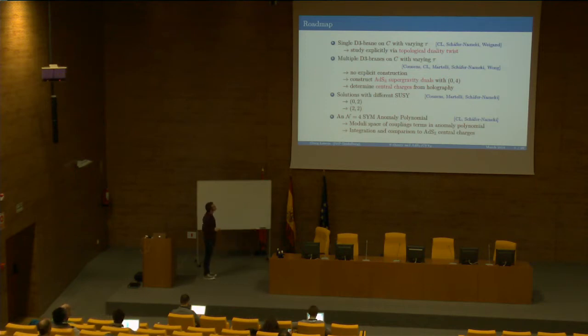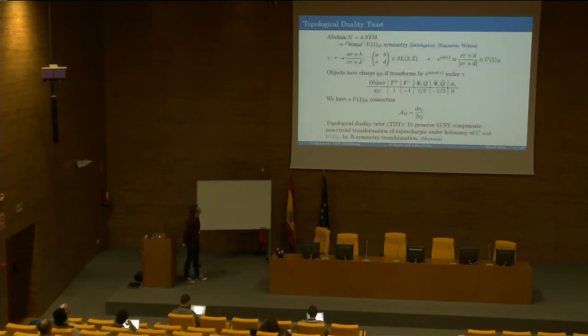But in this paper, my graders pointed out some special solutions with (0,2), and some interesting observations about (2,2) from the same construction. And finally, if we get there, I hope we do, because it's a nice little digression to finish with, I'll tell you something about an alternate way of computing this kind of information about central charges and anomaly polynomials of these theories from a much more field theoretic approach. Okay.